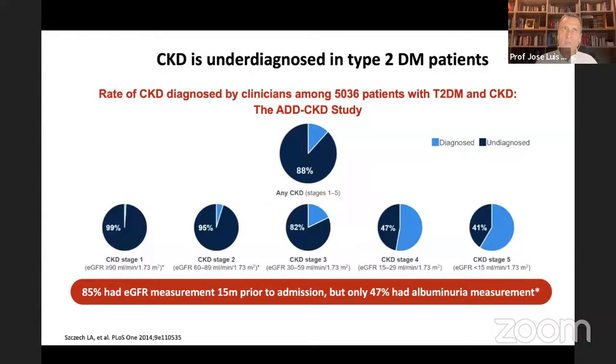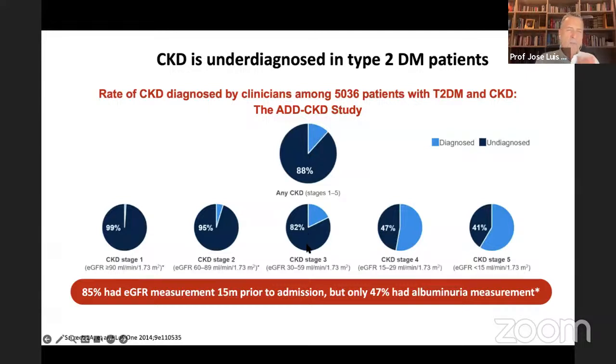This is a multi-center study in the United States, in GPs, and they tried to analyze the clinical survey, physical examination, hemoglobin, GFR, and albuminuria, and several records from the history. They detected that in earlier stages, only 8 percent of the patients in general are diagnosed with CKD, but 85 percent of the patients have an estimated GFR measurement, while only half of the patients have an albuminuria measurement, especially in the early stages.